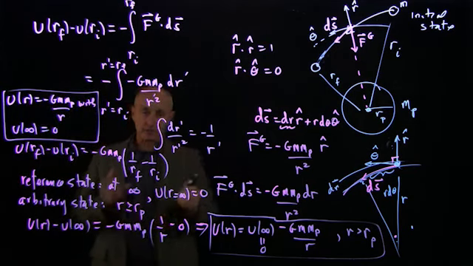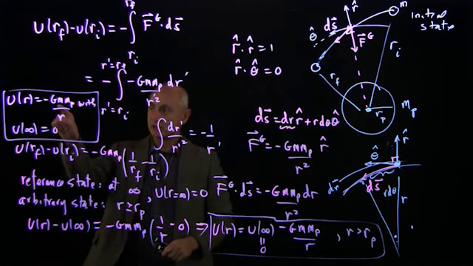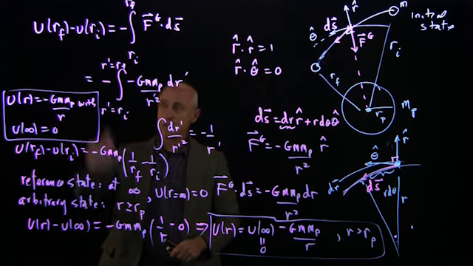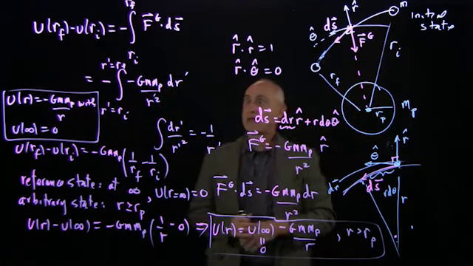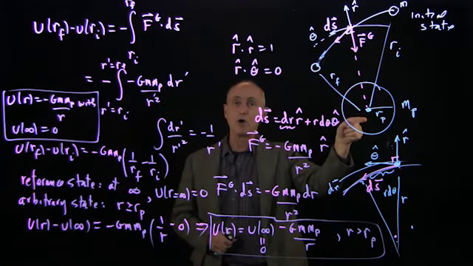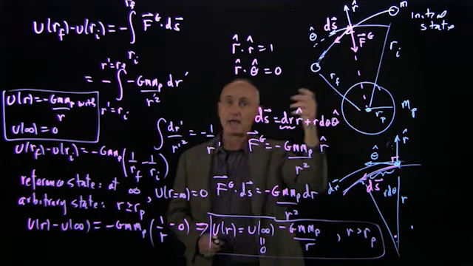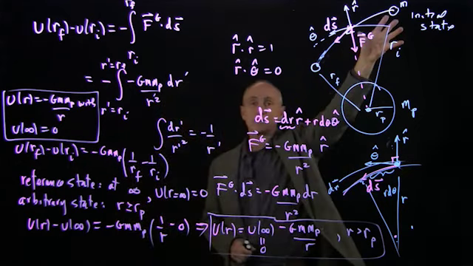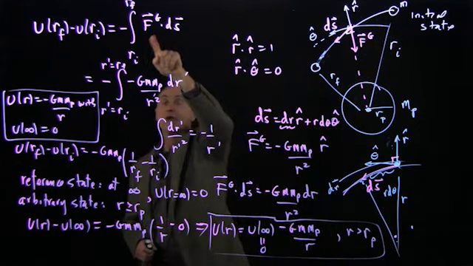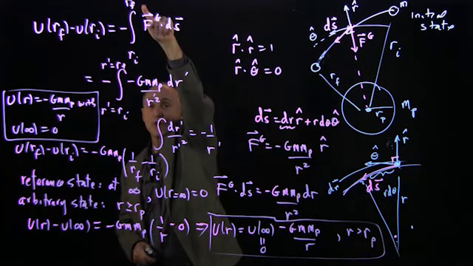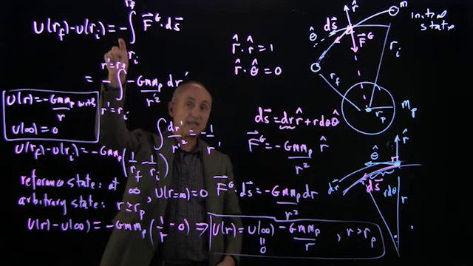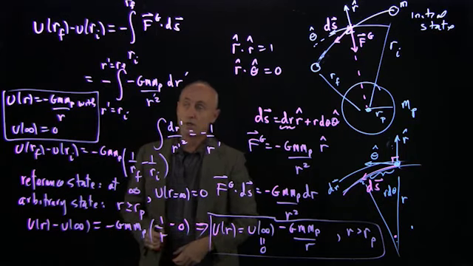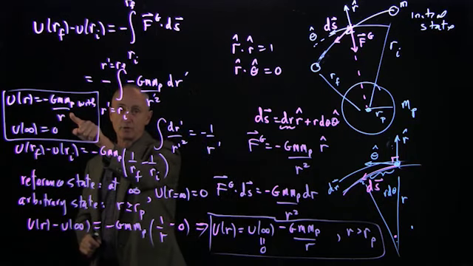Now, let's just finish this by saying in words precisely what this means. So if I start my system at infinity, and I end my system a distance r away from the planet, and I calculate the work done by the gravitational force in going from infinity to a distance r away from the planet, I take a minus sign, so the negative of the gravitational work, then that's what that number corresponds to.